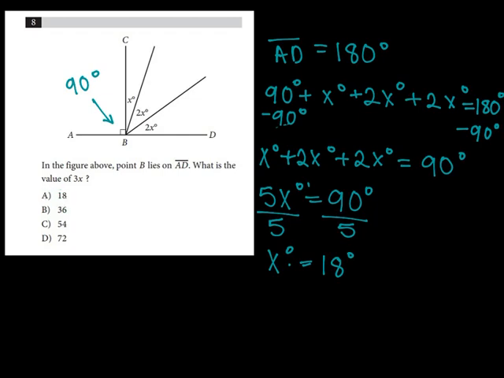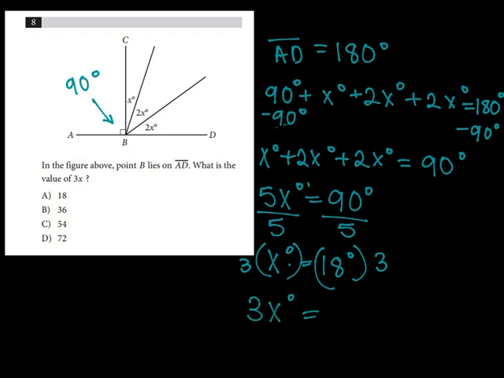And now you might think to choose option A, 18. However, we need to completely read out the problem because sometimes the SAT likes to trick us a little bit. So the second part of the problem says, what is the value of 3x? And right now we just have x degrees equals 18 degrees. So all we need to do to get 3x would just be multiply both sides by 3.